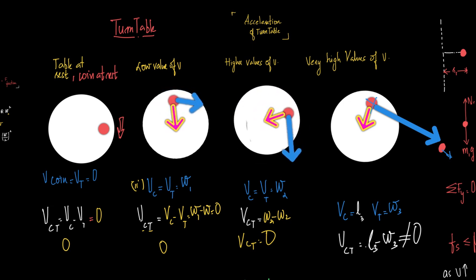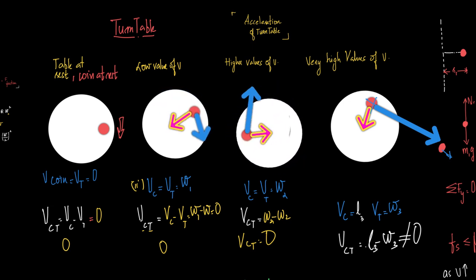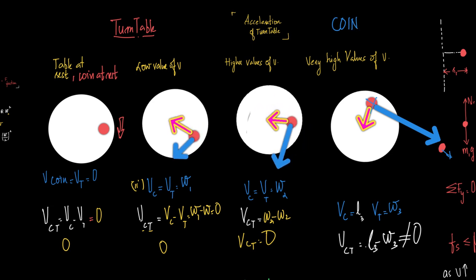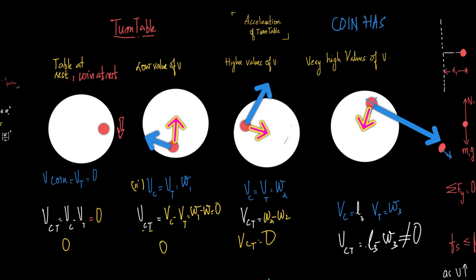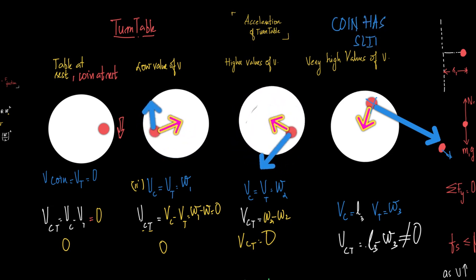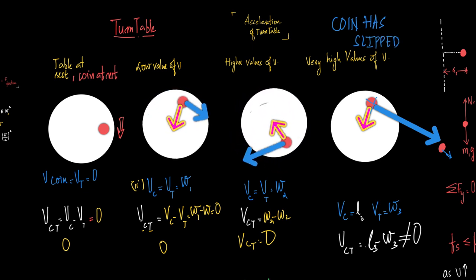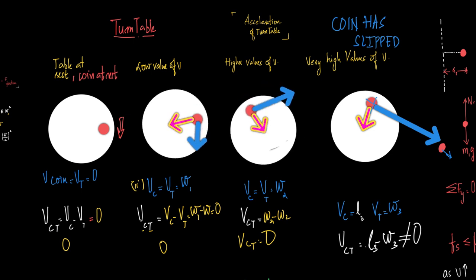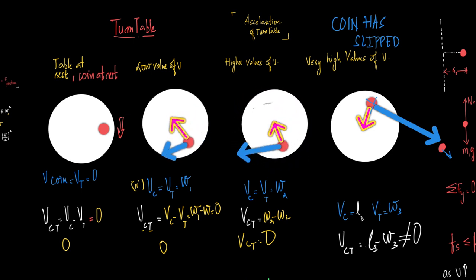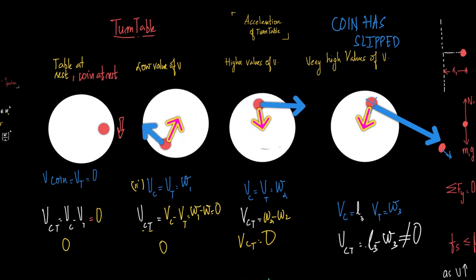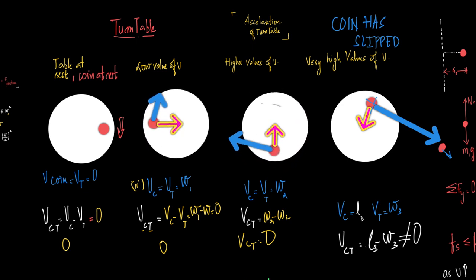Okay, and it is at this point that we say that the coin has slipped. It is not the essential or the literal meaning of slipping. Slipping means, see, this is one of the primary concepts where students always make a minute, not detailed, understanding of the words given in the question.